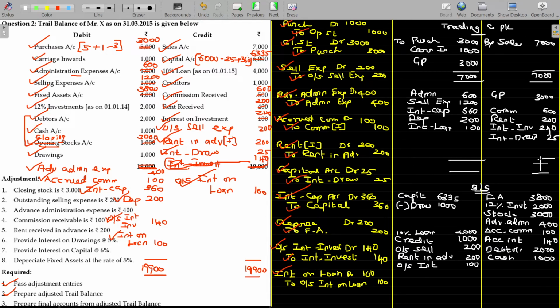What's the total of the credit side? The total of the credit side being 4065. What is the net profit then? 1605. 1605 should be added to the capital.